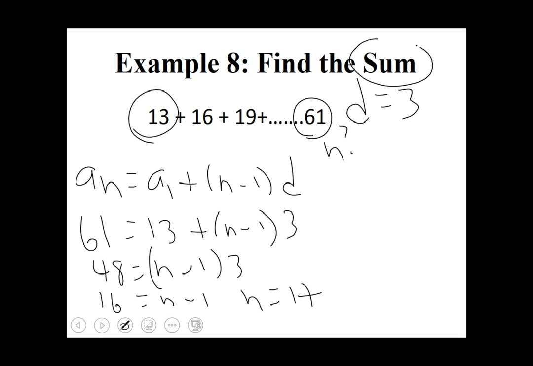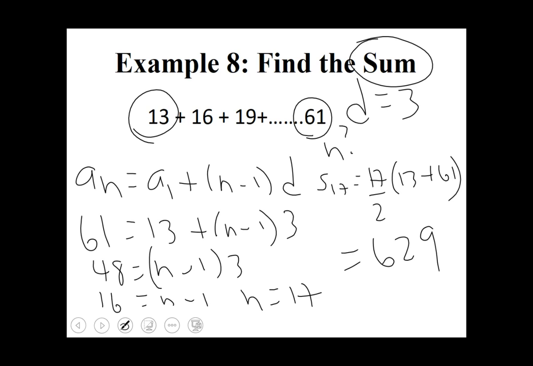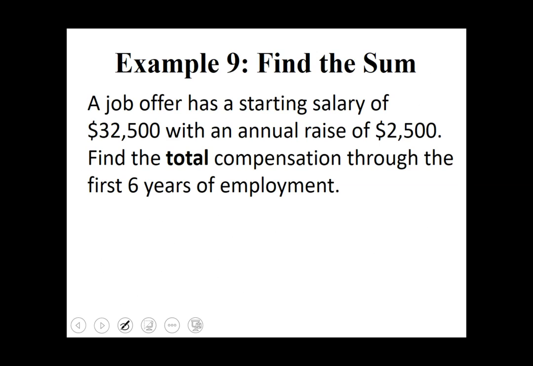So because you're finding the sum, that means you're adding up the first 17 terms. 17 divided by 2. The first term is 13. The last term is 31. And if you do that calculation, you get a total sum of 629. Little word problem action for you.